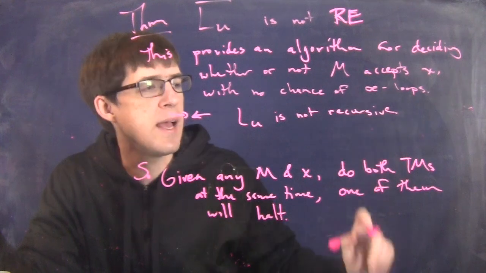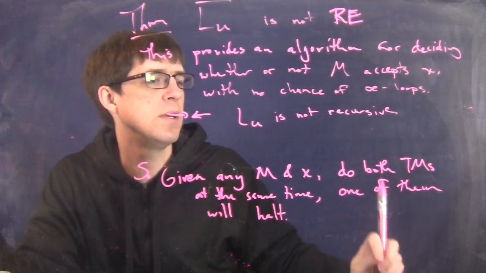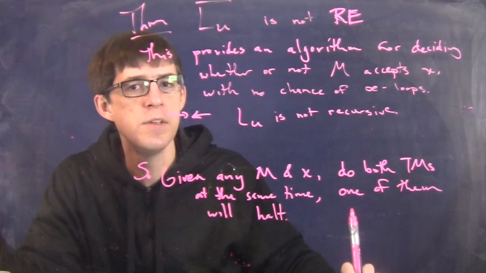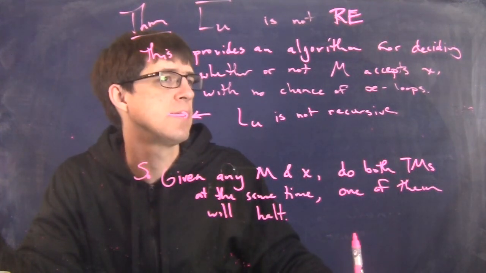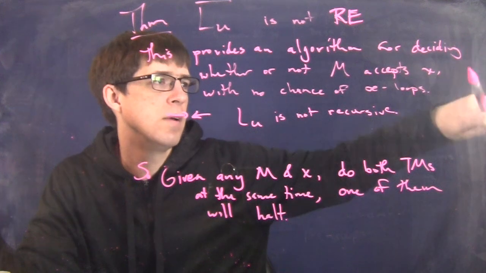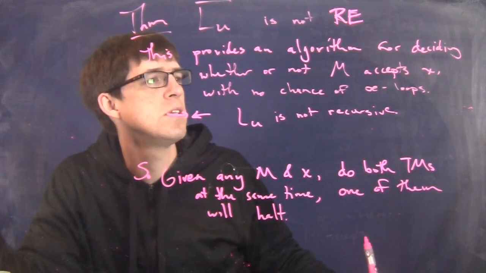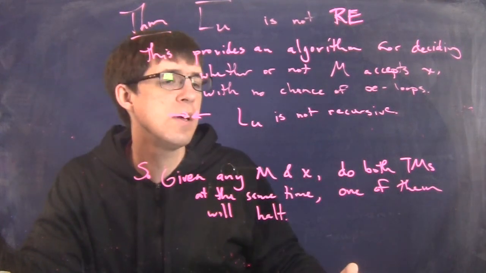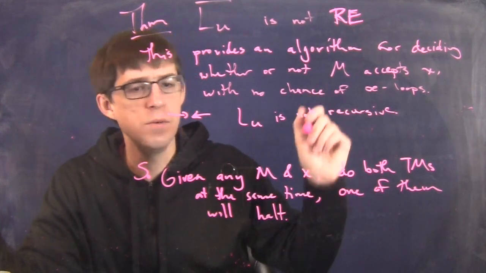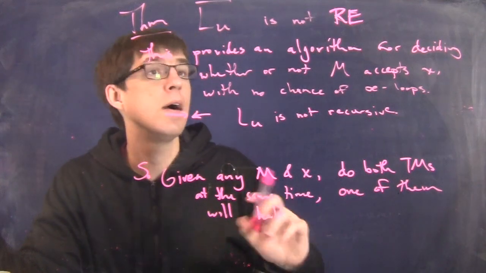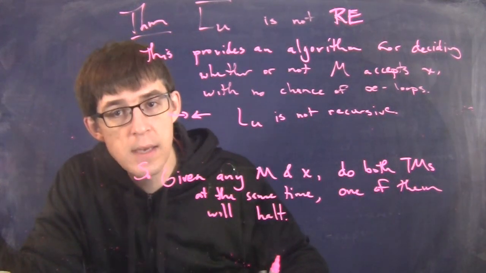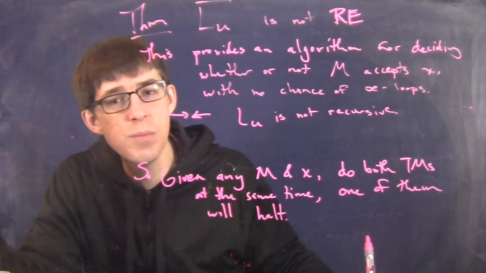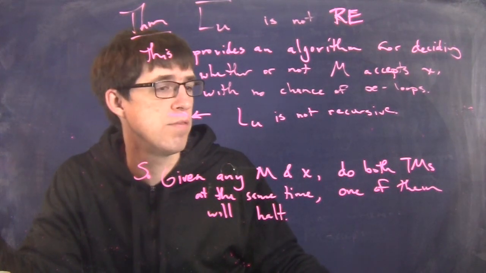What it means to say that LU is not recursive, which I already said, is that there is no Turing machine which can decide whether or not some M accepts X. And I just said we had produced such a Turing machine, such an algorithm. That's not possible, though. So this contradicts the fact that LU is not recursive. All right. All of that to say, LU bar is not RE. So this is a language which you can't do on any Turing machine, even one which is allowed sometimes to run forever.